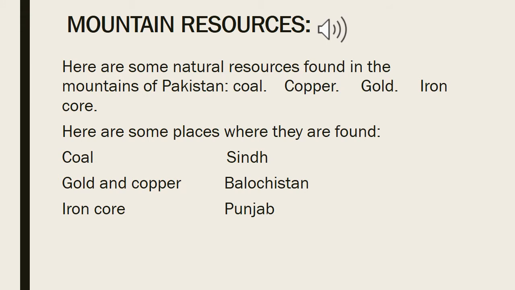Then you have to see where gold and copper are found. Gold and copper are found in Balochistan, so you have to color the province of Balochistan with the same color that you used in the box in front of copper and gold. And you have to do the same thing for the third one, which is iron ore. Iron ore is found in Punjab, so you have to color the province of Punjab with the same color you colored in the box in front of iron ore.